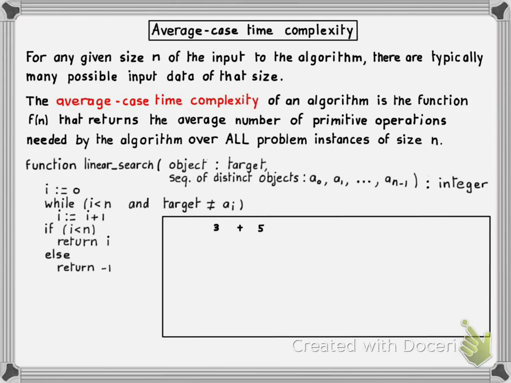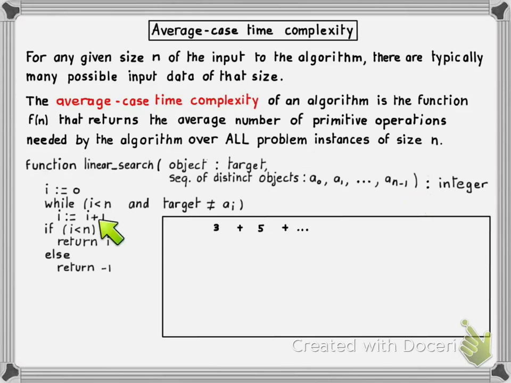So we keep going through all the cases for each possible position of the target in the sequence until we get to the case where the target is equal to a sub n minus 1. Now in this case, we need to go through all the elements in the sequence, and this happens after n iterations.